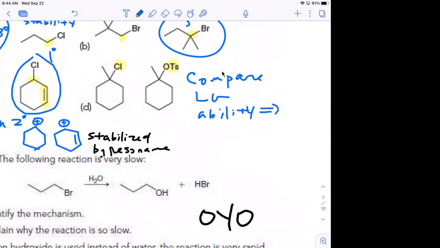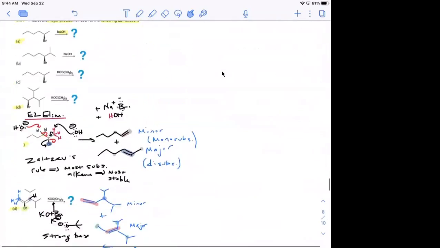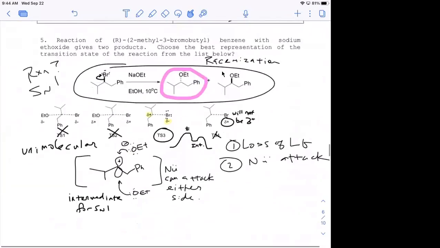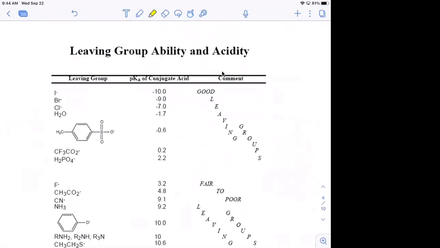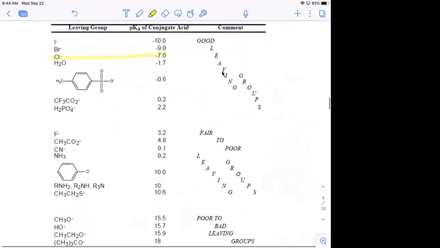Tell me what the pKa is for HCl. Anybody? Is it like -9, something like that? I don't see HCl. You don't see a chlorine? Oh yeah, I see chlorine. Yeah, it's -7. And then the tosylate we said, which was here, is -0.6.